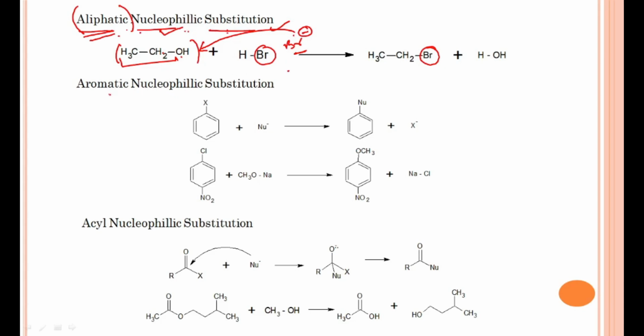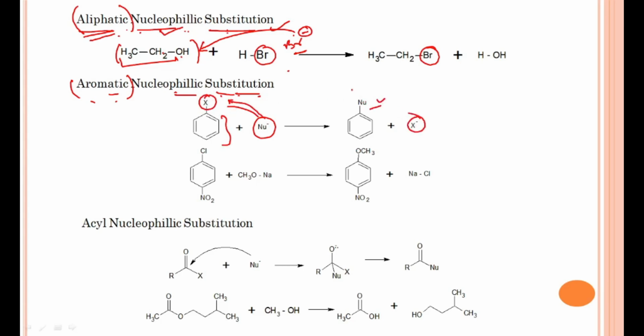Coming to the second category, aromatic nucleophilic substitution reaction. Similarly, a nucleophile will be involved, there will be replacement of an atom, and this type of reaction occurs in aromatic compounds, so it is an aromatic nucleophilic substitution reaction. Say this is a benzene ring, an aromatic compound. X is replaced with the nucleophile.